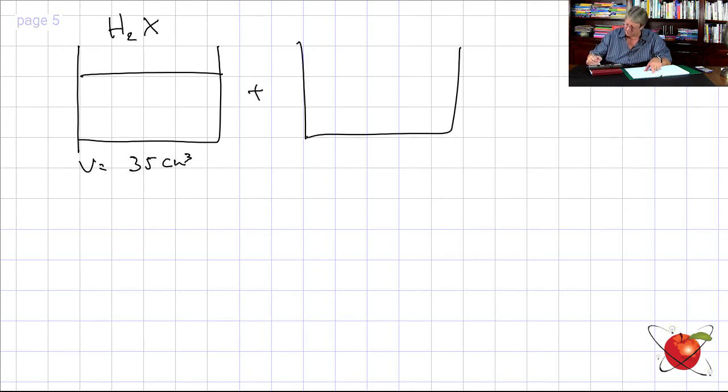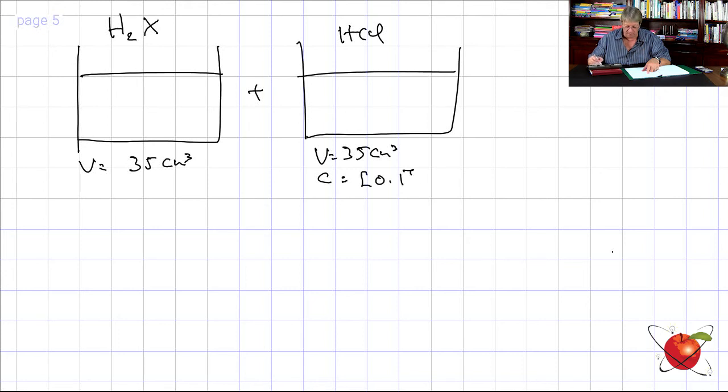And then I added to that the HCl, and it was another volume equal to 35 centimeters cubed. They told me the concentration here is 0.1 M, moles per cubic decimeter. Then over here, the concentration of this we don't know. Therefore, the number of moles of H2X we don't know.